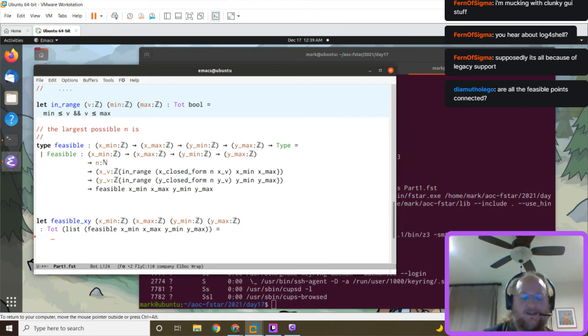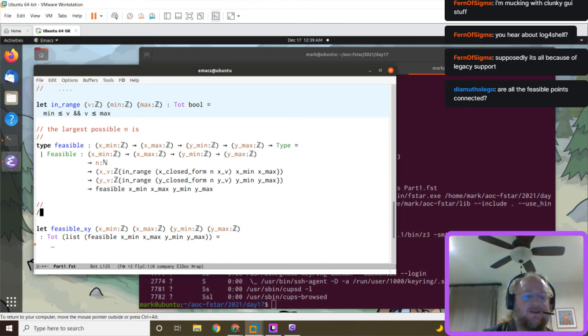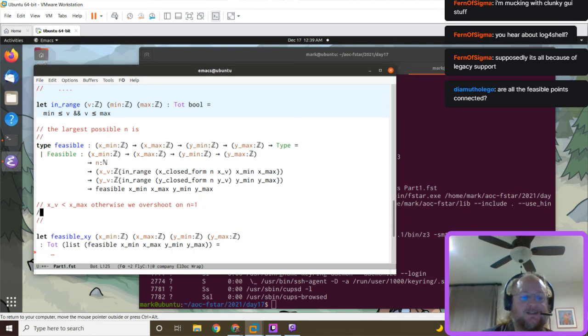So let's write that down. Okay, so the maximum initial velocity, the initial velocity has to be less than x max, otherwise we overshoot on n equals 1, on time 1.